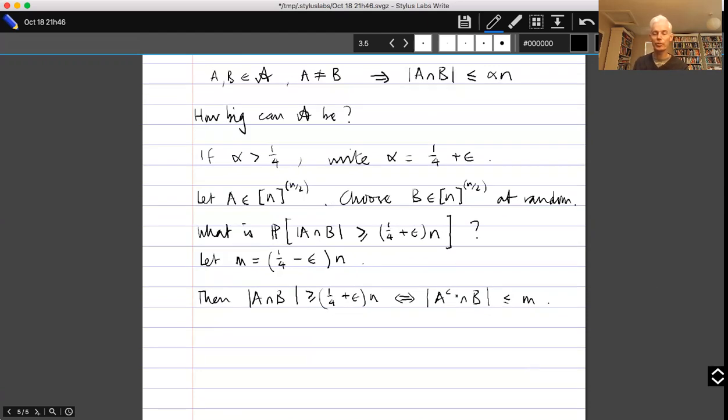So I want to know what is the probability I pick a random set B that it intersects A complement, which is just another arbitrary set of size n over 2, in at most m. We can write down an explicit expression for this. So the number of possible sets B is n choose n over 2.